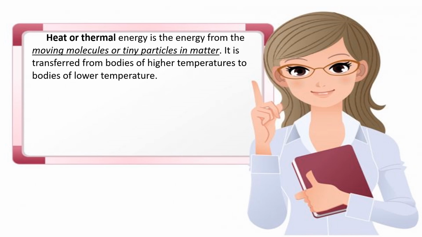Yes, we have microwave oven. What else? We have iron or plancha. That is another object that produces heat or thermal energy. Take note of this: moving molecules or tiny particles in matter. That refers to what we call heat or thermal energy.